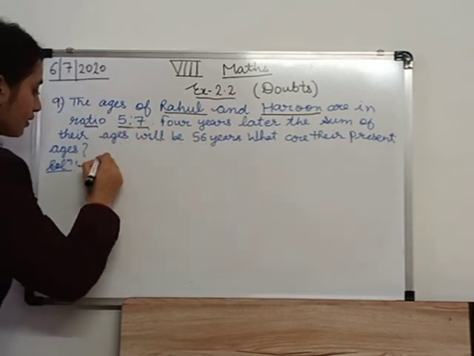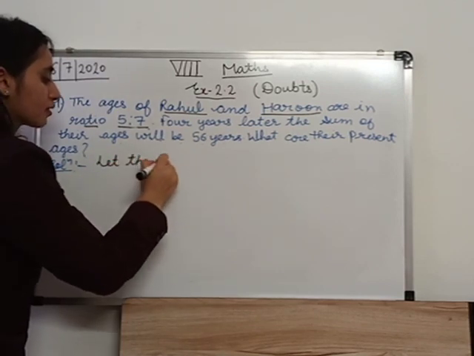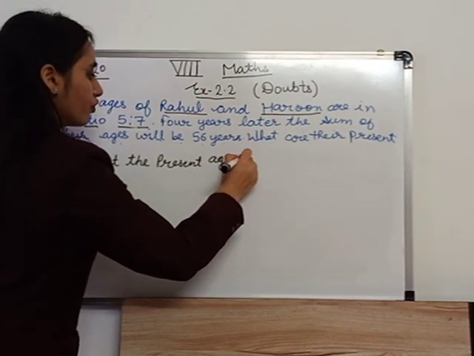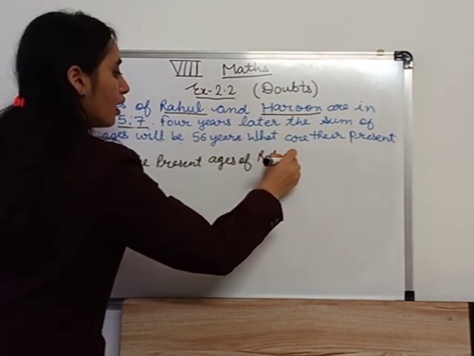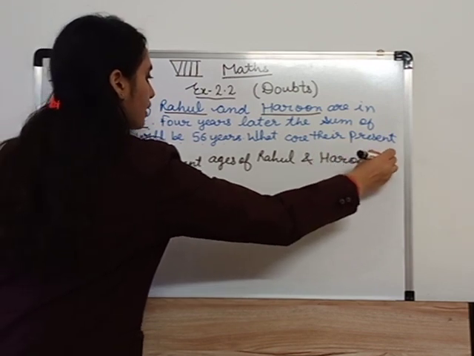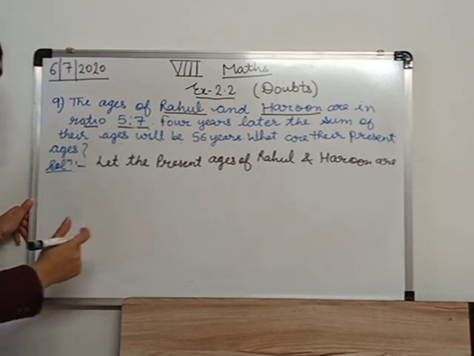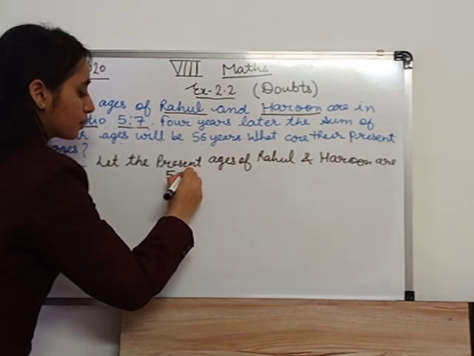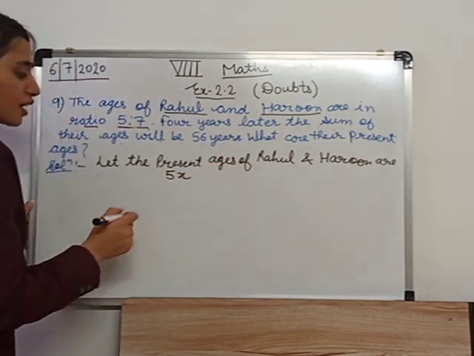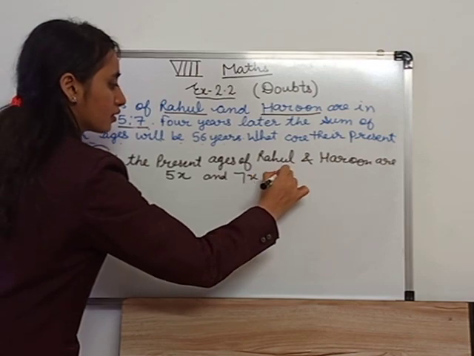So let the present ages of Rahul and Harun be: 5:7 is already given, so let the ratio be x, and their ages are 5x and 7x years.